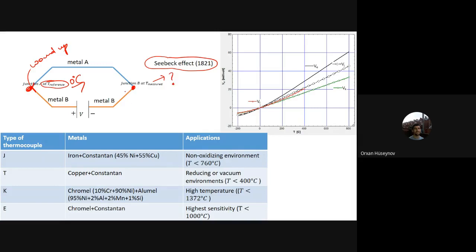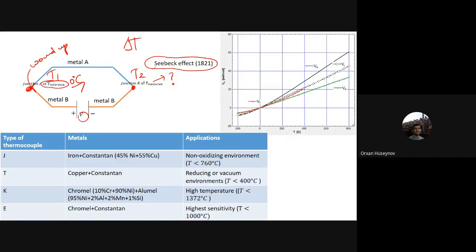The funny thing about the metal combinations is that if you heat one of these junctions, say there is T1 and there is T2 and there is a difference of temperature, which is delta T, then you will have voltage produced. One more time, I have metal A and I have metal B. This is the Seebeck effect.